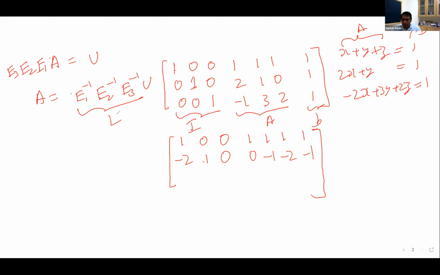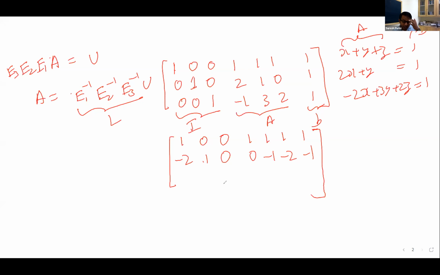In order to get this L matrix, there's a small trick we have to perform. But let me give you the big picture, and then we will see how we can solve this.